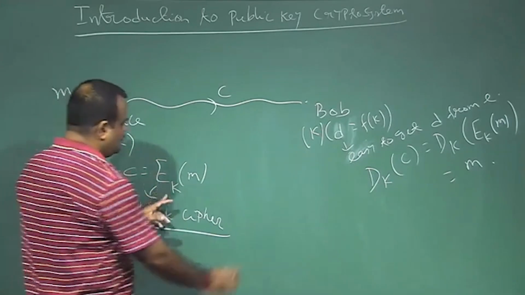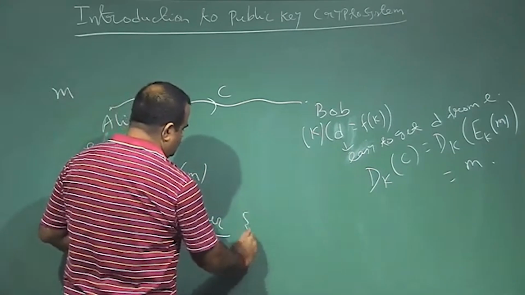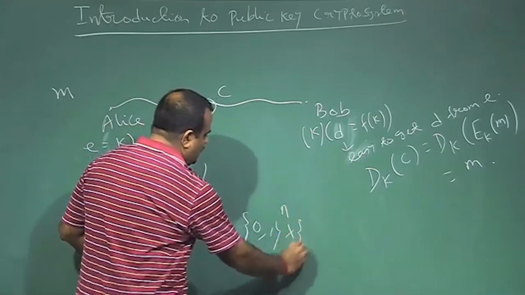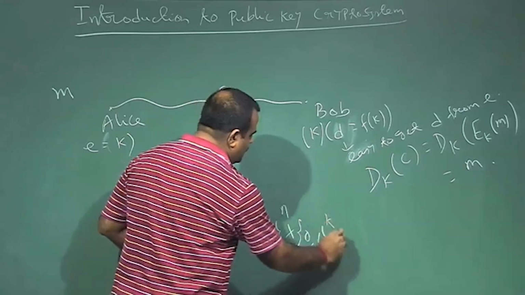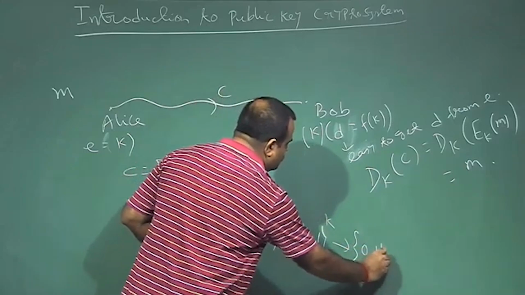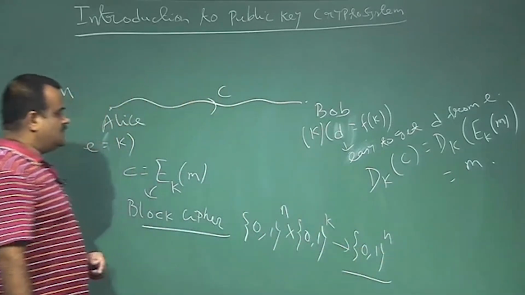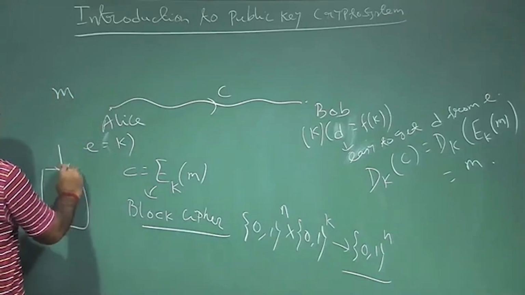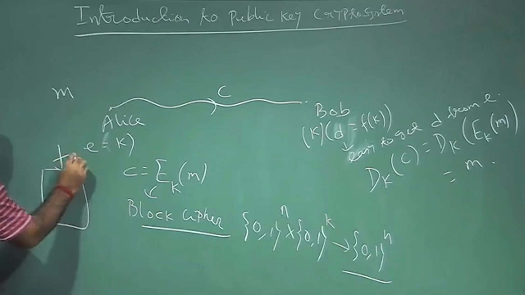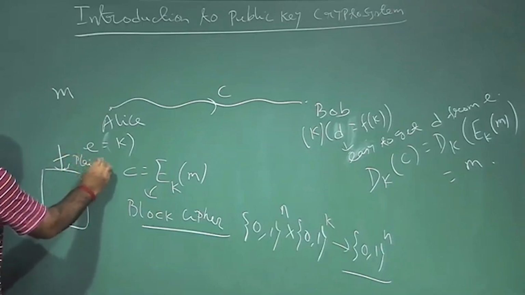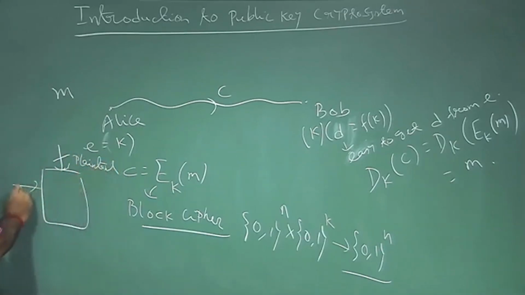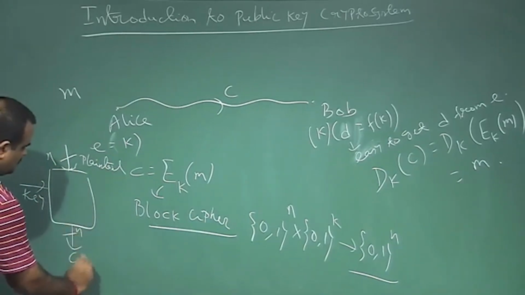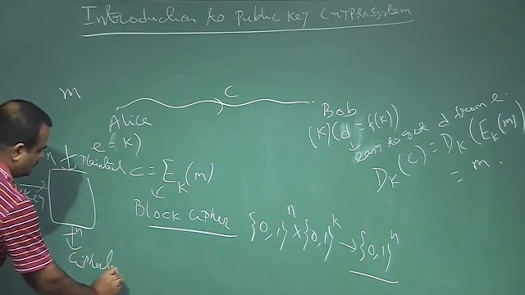It is basically a function which takes an n-bit plain text and a key of size k bits, and gives an n-bit ciphertext.